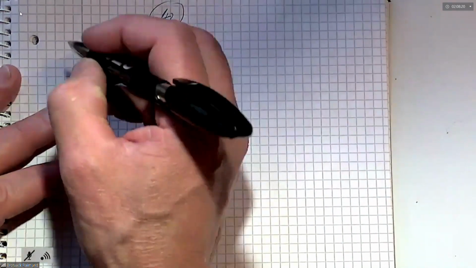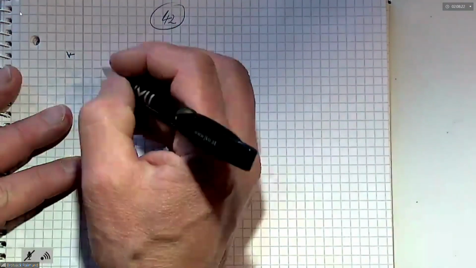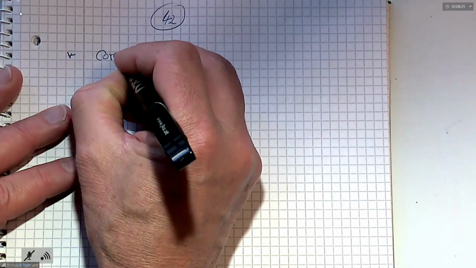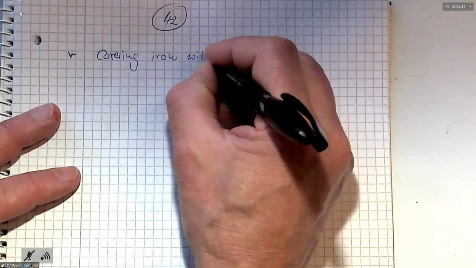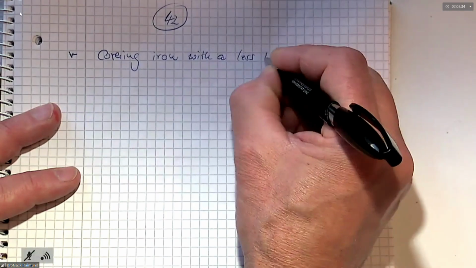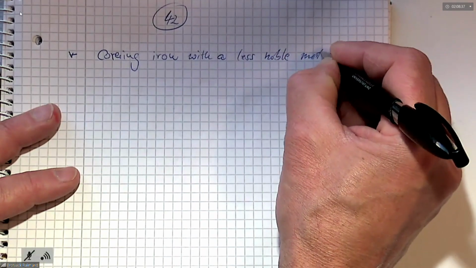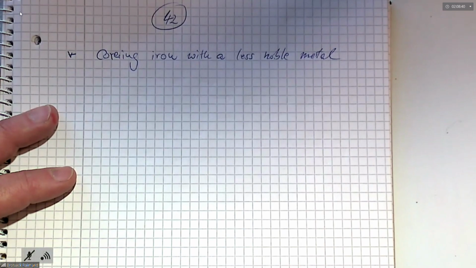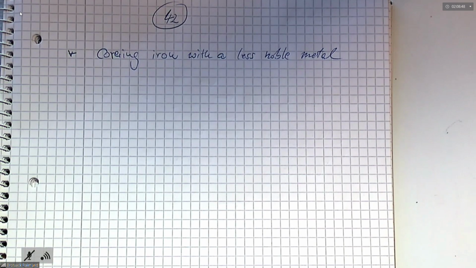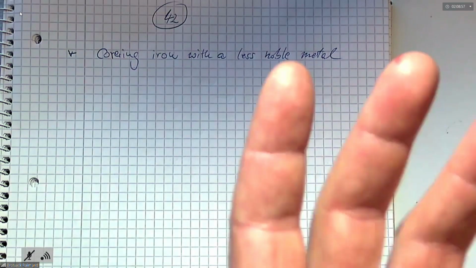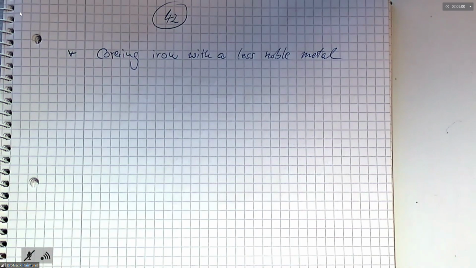So, one idea is covering the iron with a less noble metal. What is a less noble metal compared to iron? If you try to think about it. Aluminium, yeah. Another one, zinc. And that is what we are doing: we coat the iron with zinc.